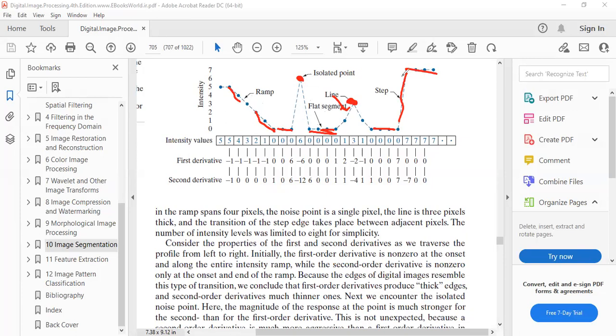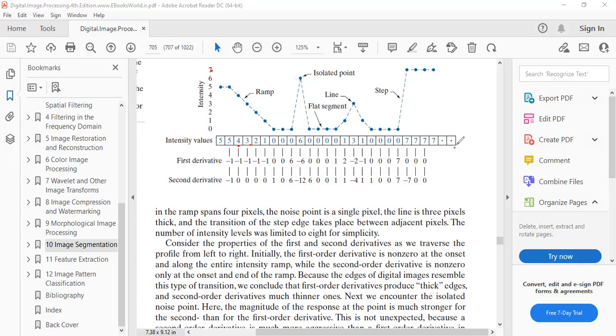So using derivatives, how can we find out those things? The intensity values are from 0 to 7. I am writing those intensity values here: 5, 5, 4, 3, 2, 1, and so on.